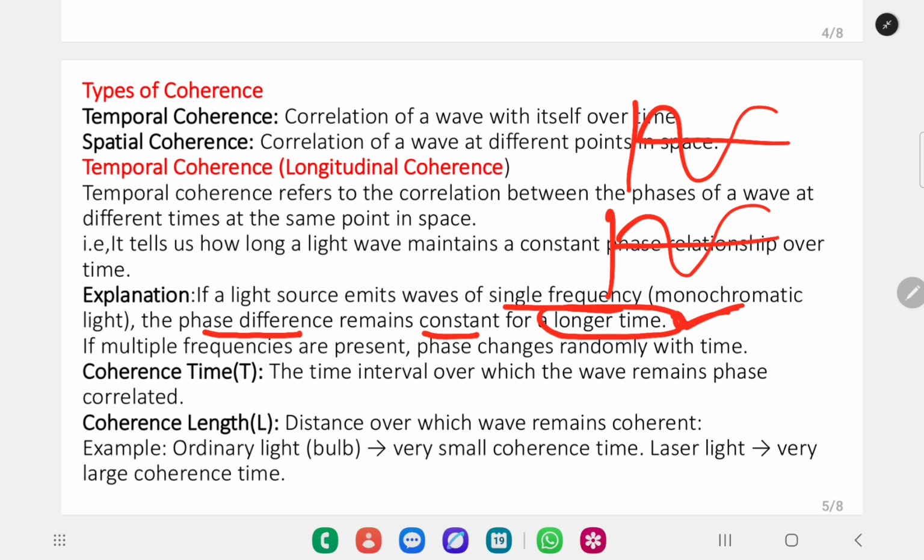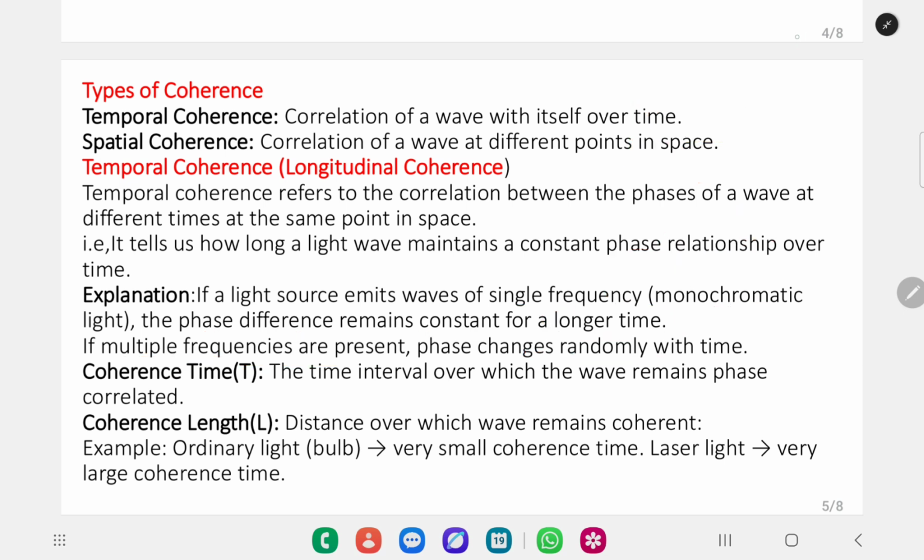If multiple frequencies are present in the wave, then the phase changes randomly with time. So that is why we take monochromatic light of a single frequency.